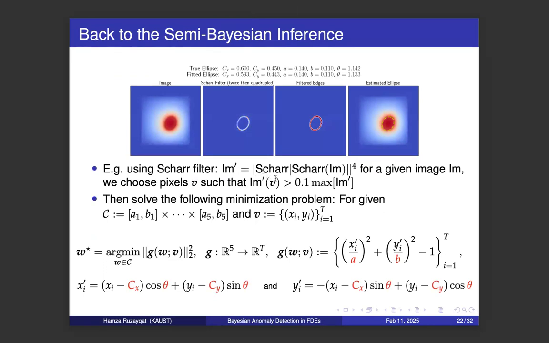We use two ways to determine the ellipse boundary, for example, using the so-called Scharr filter. The idea is to apply the Scharr filter twice. So here's the given image. You apply the Scharr filter and then take the norm of that, and you apply the Scharr filter again on the norm.